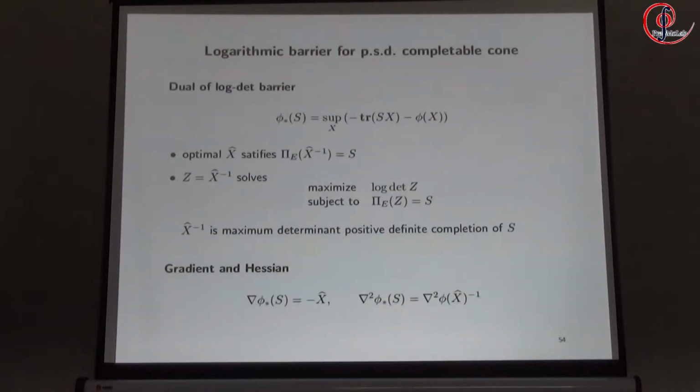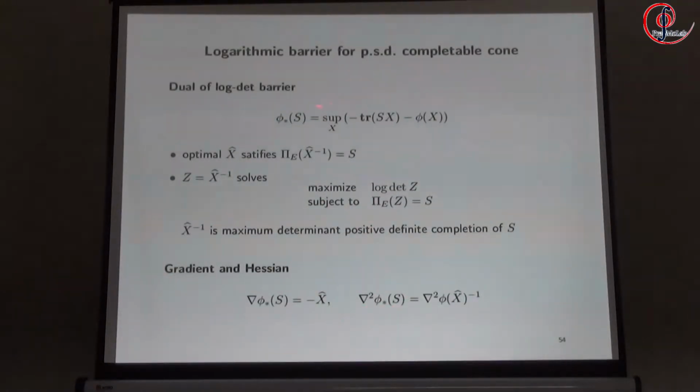So that's the value of the dual barrier. Then from convex analysis we know that if this is the definition of the function and x hat is the maximizer in the definition, then x hat or minus x hat is the gradient of phi star at S. So we get that by the same calculation.